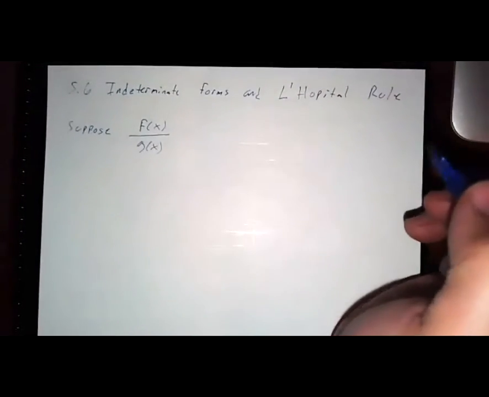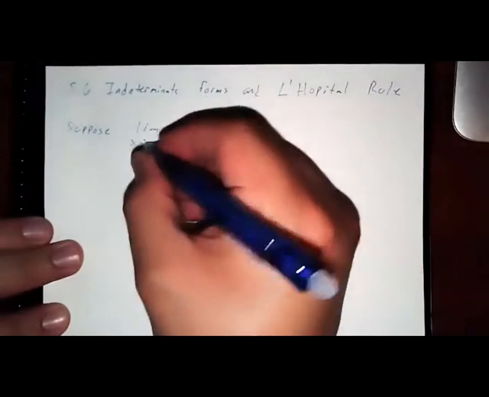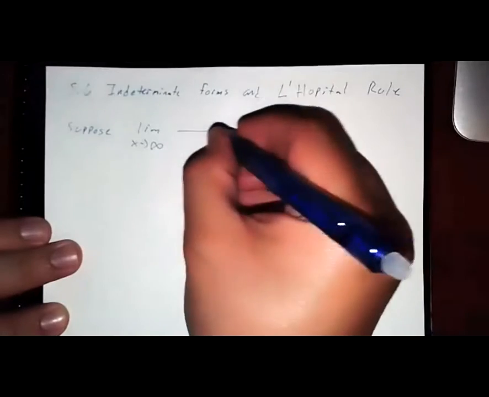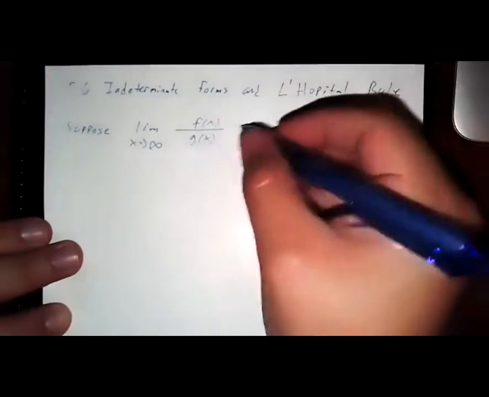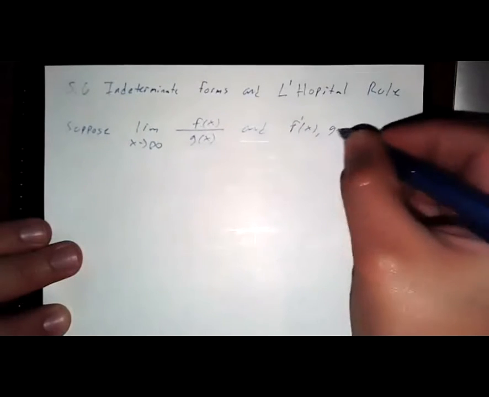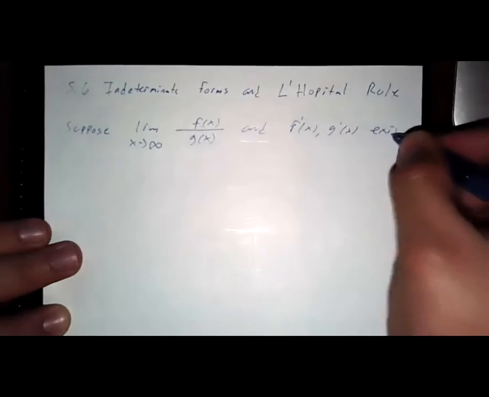Suppose f of x and g of x. Well, I forgot to write the limit part. Suppose the limit as x approaches, we'll just call it infinity, of f over g, and f prime over g prime exists.